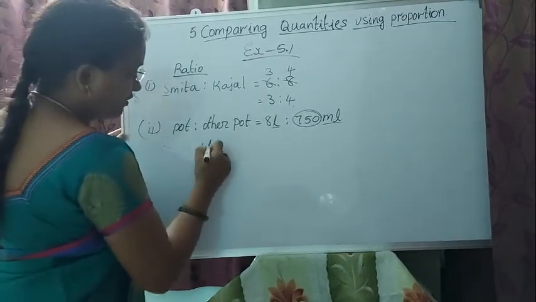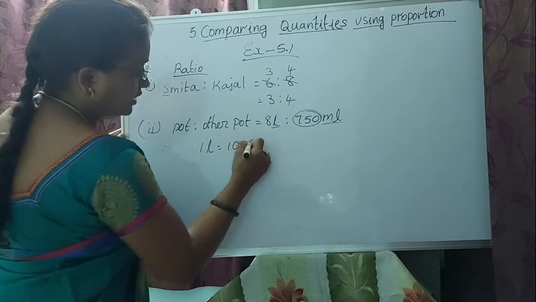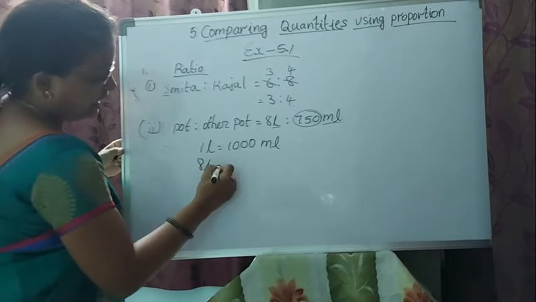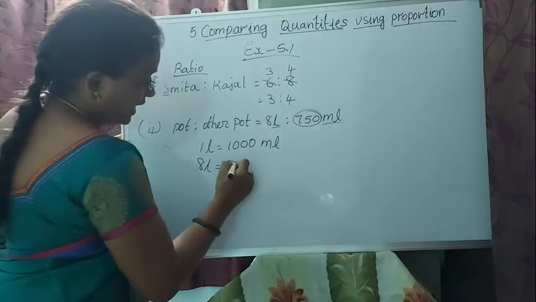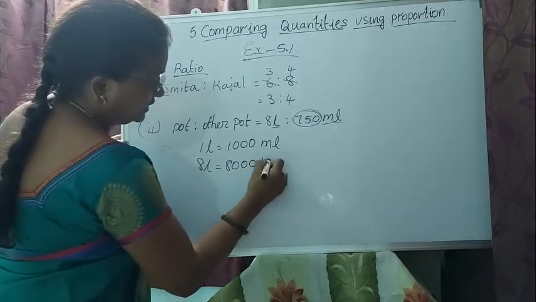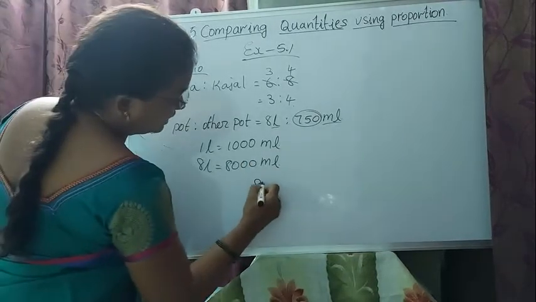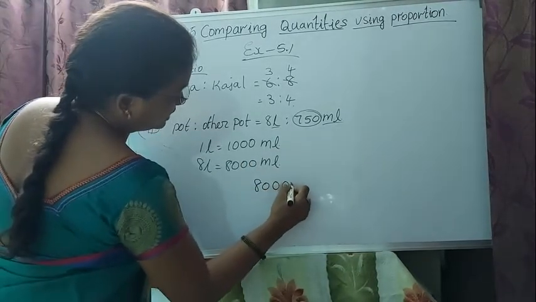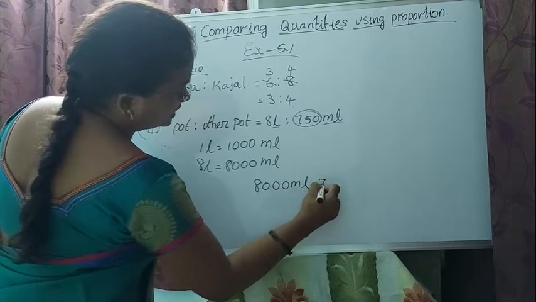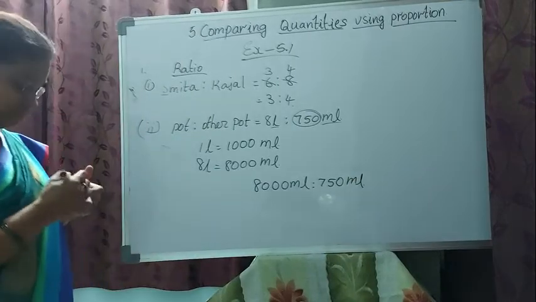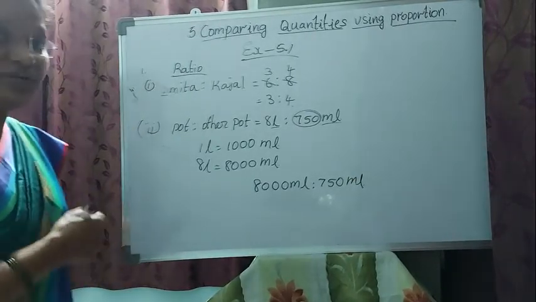We know 1 liter is equal to 1000 milliliters. What about 8 liters? 8 liters is equal to 8000 milliliters. So the ratio is 8000 milliliters is to 750 milliliters. Now the ratio is in the same units.